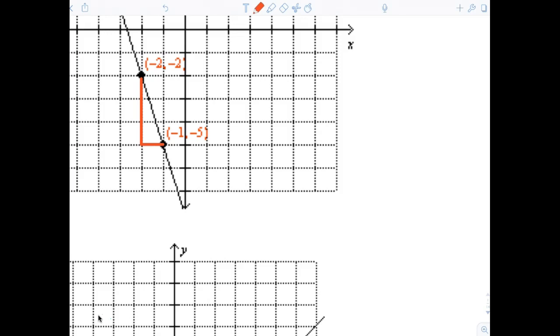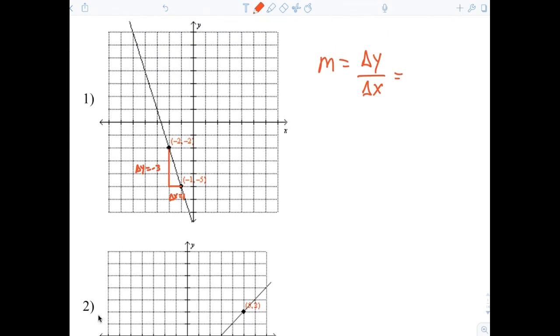What did I do? What is delta y? -3. What's delta x? Positive 1. Down is negative. Right is positive. Up is positive. Left is negative. So my slope is what? Slope equals -3.